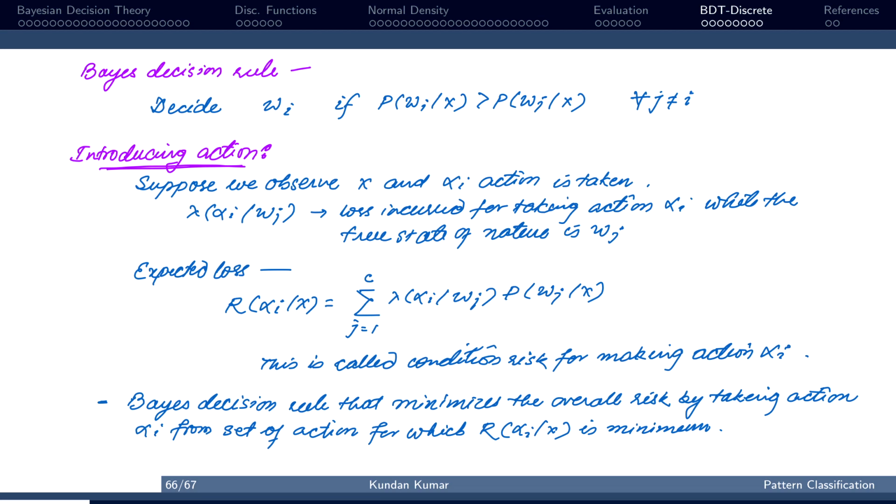Okay, and this risk is called the Bayes risk.